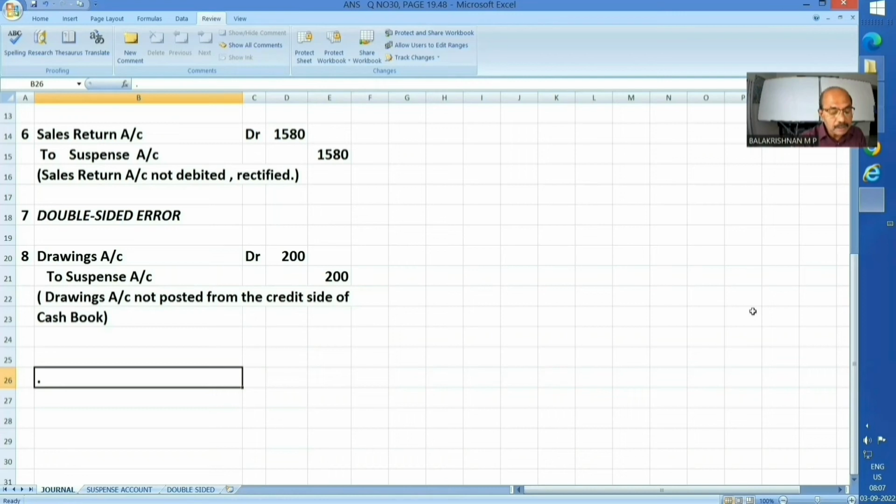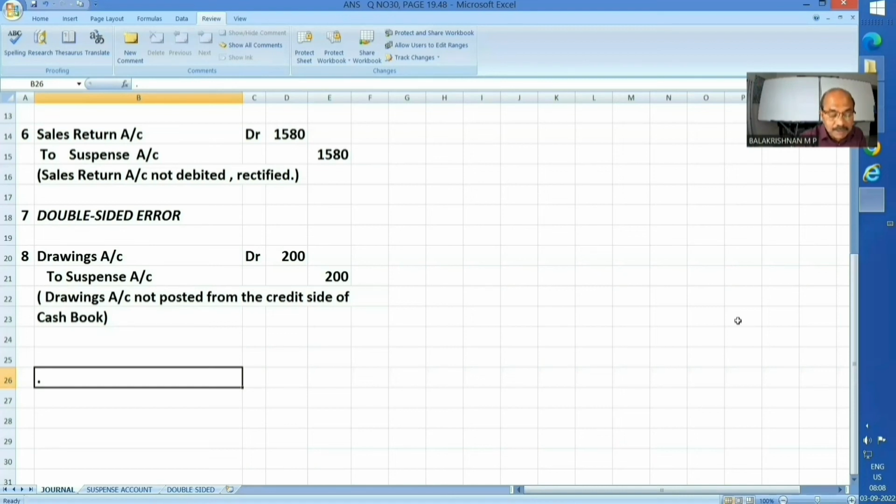Here, sales return book was untotaled means the sales return account remains not debited. The normal journal entry would have been sales return account debtor to party. Party has been taken care of, whereas sales return account remains unposted.